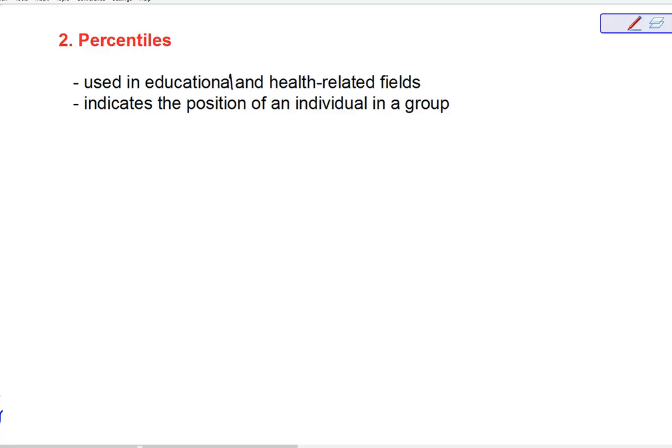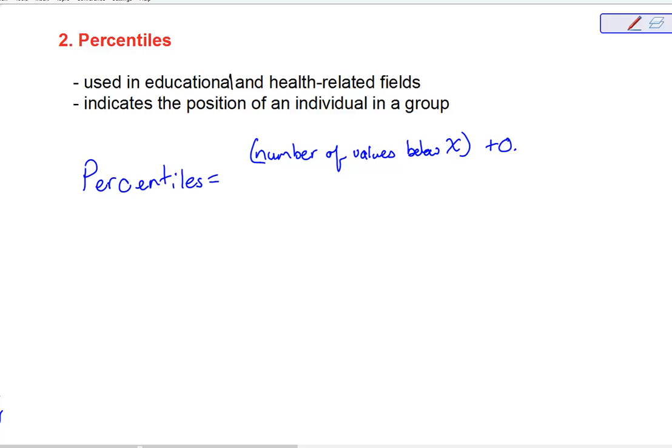In order to do that, we do use a formula, and we use that percentiles are equal to the number of values below the x. In other words, the number of values below whatever number you're at, plus 0.5.